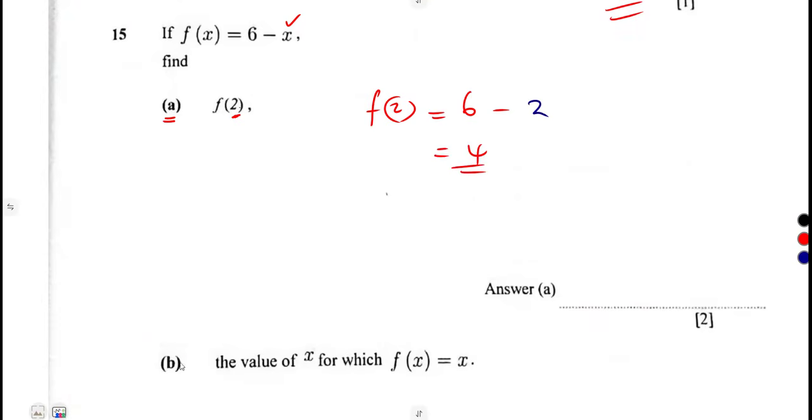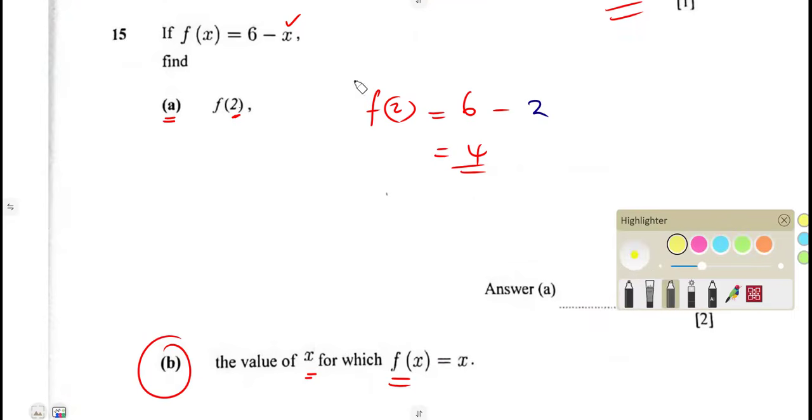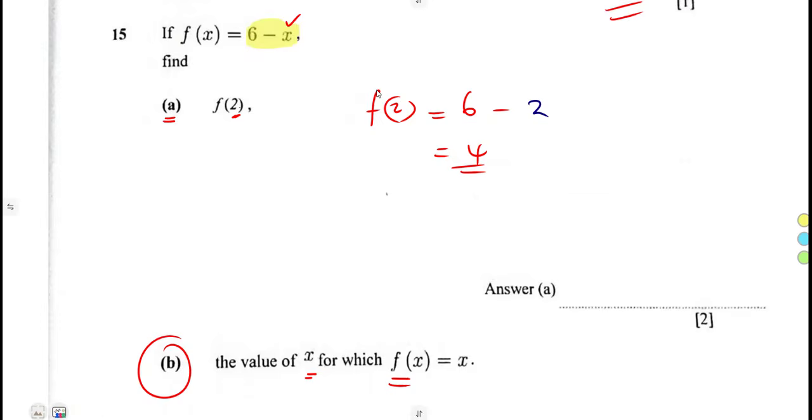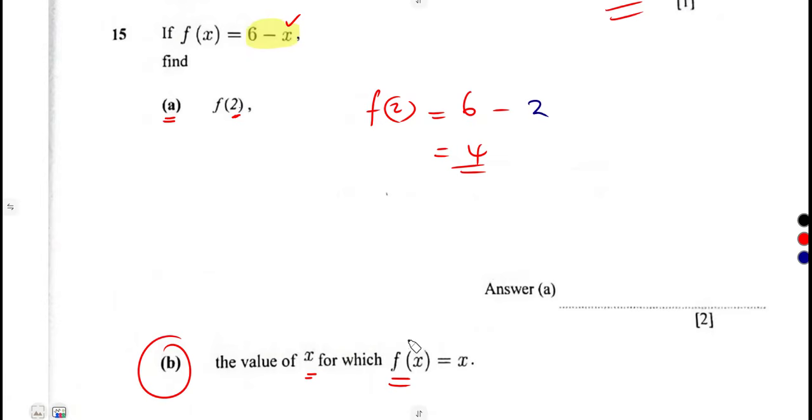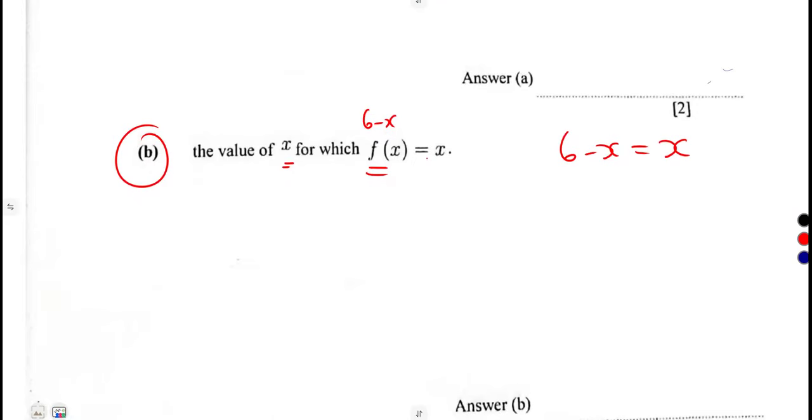Then the value of x for which f of x equals x. This is our f of x here, 6 minus x. So they are saying take that f of x, 6 minus x as it is, and equate it to x. So you have formed an equation where you can solve for x.